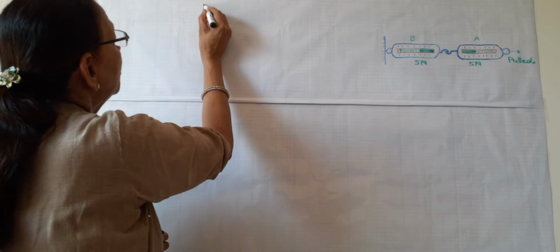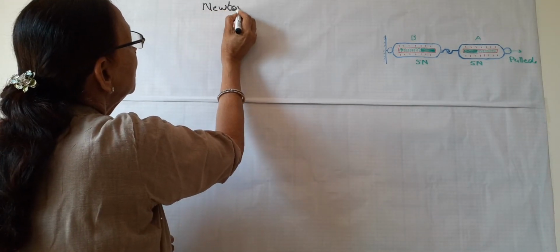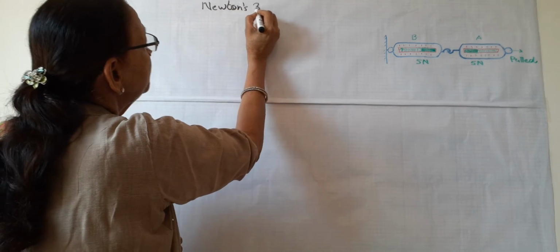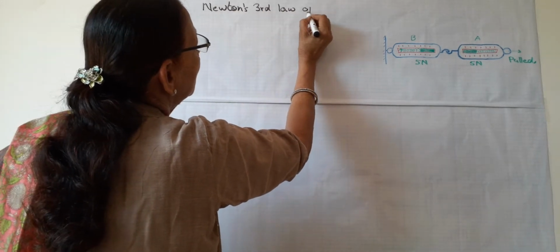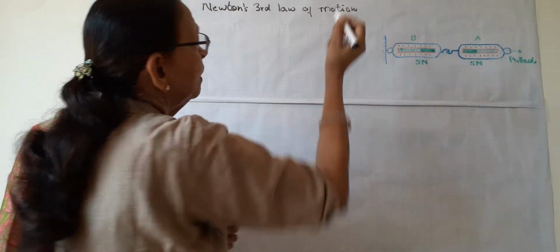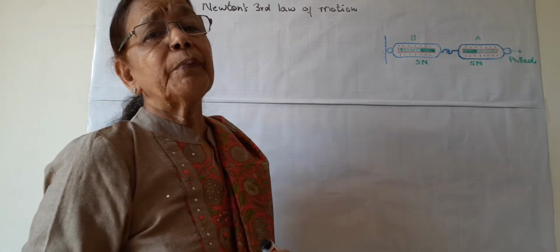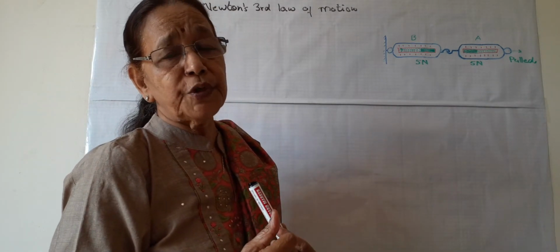So what is Newton's third law of motion? In the first and second law, we have seen, according to the first law, some force is needed for a motion or change in motion.